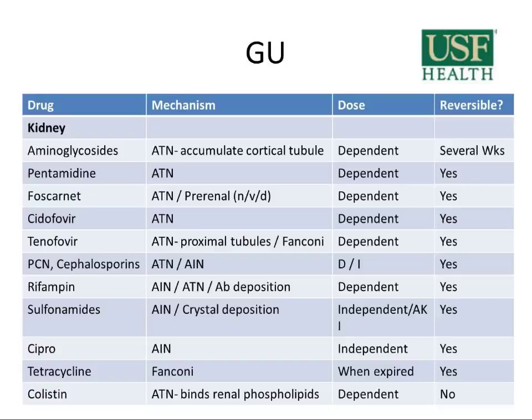So on this set of nephro or kidney side effects, ATN versus AIN are very, very different mechanisms. They're going to present a little bit differently, and knowing the background behind how antibiotics will cause problems will certainly help you differentiate whether or not that's the offending agent.